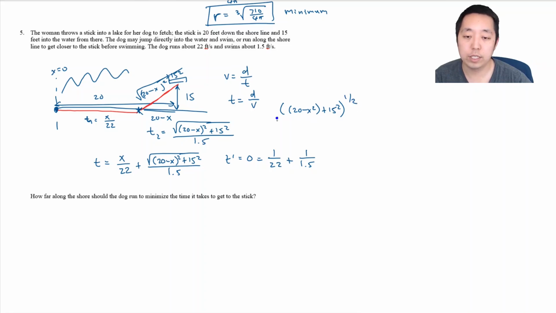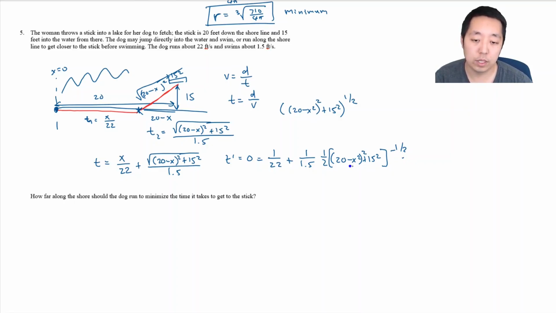I take the derivative of this, it's going to be 1/2. First I'm going to do power rule. I need to bring the 1/2 in front, leave everything else alone. But because the inside isn't just x, I have to multiply by the derivative of the inside.